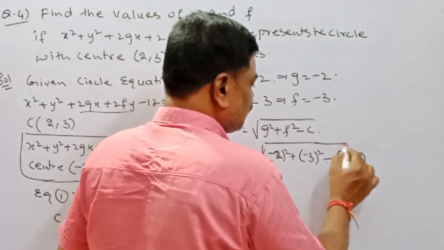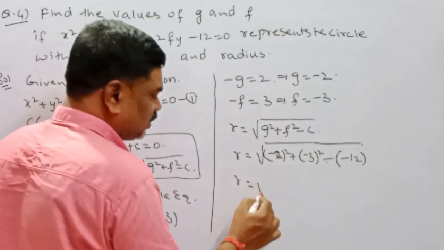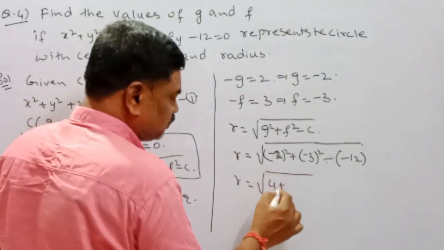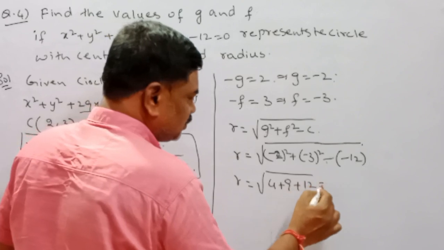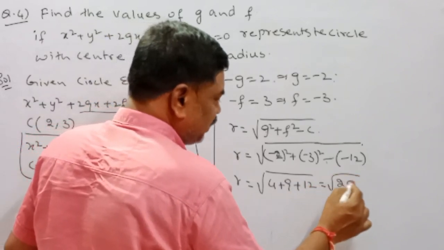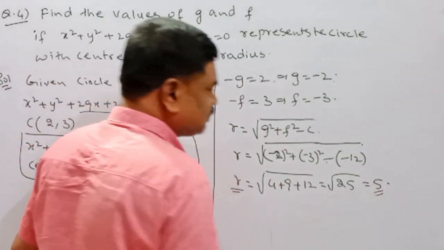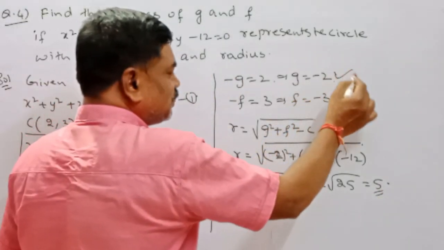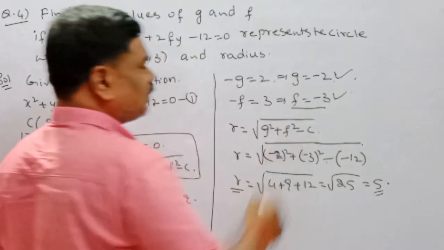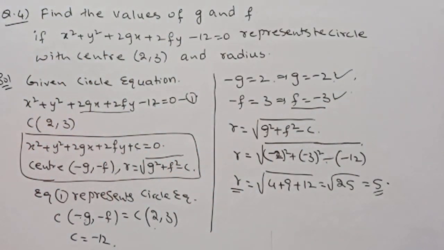This is r is equal to root over 4 plus 9 plus 12, root 25, which is 5. The radius of the circle is 5, and the g value is minus 2, f value is minus 3. Okay, all of you. That's all.